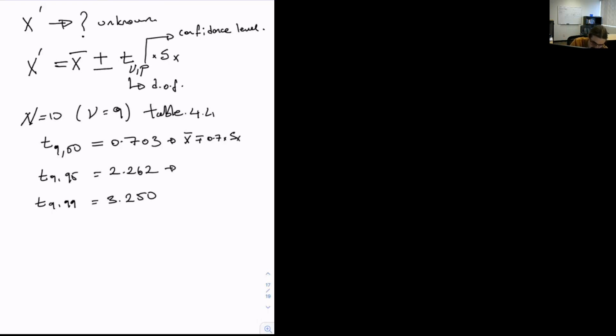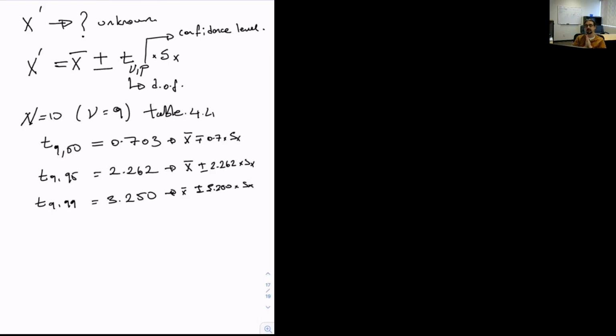In the next case, my confidence interval becomes x bar plus minus 2.262 times Sx, which means your interval gets bigger, and the last one is plus minus 3.250 times Sx. Basically, as your confidence level increases, the range that you state also increases.